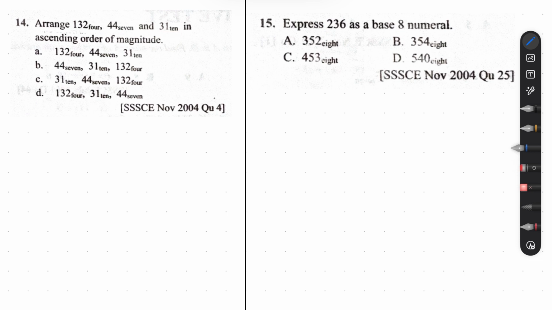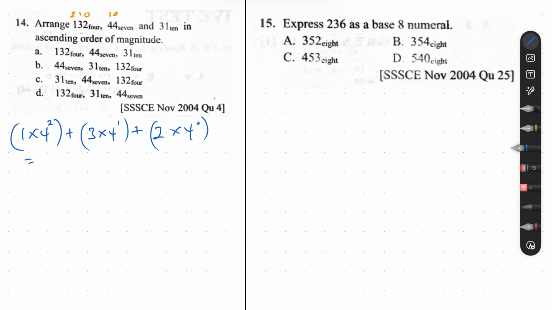How do we convert 132? As usual, let's label the digits 0, 1, 2. In base 4, we have 1 times 4 to the power of 2, plus 3 times 4 to the power of 1, plus 2 times 4 to the power of 0.